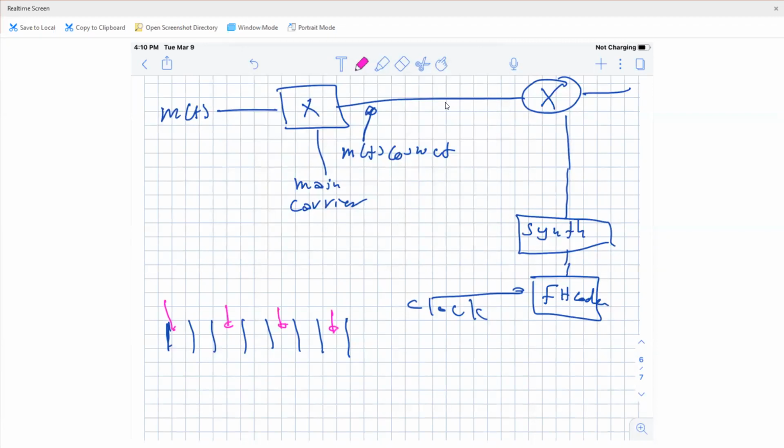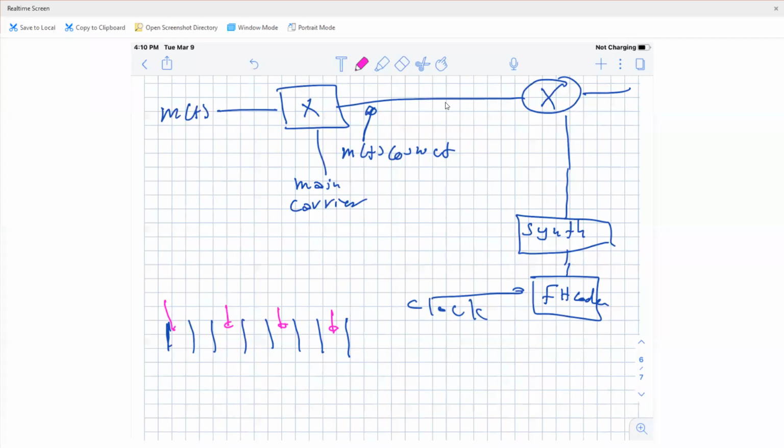The channels. And the location of the carrier will be determined by what? By the code.